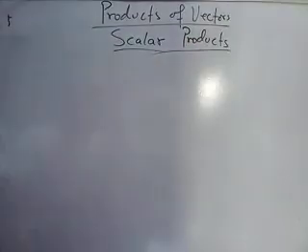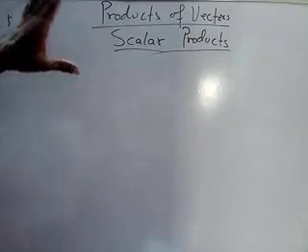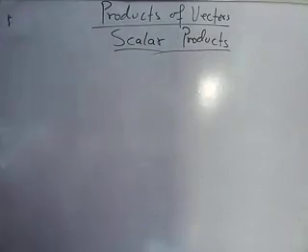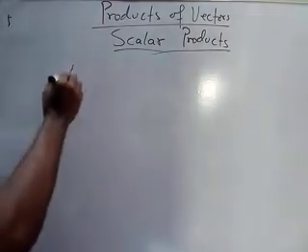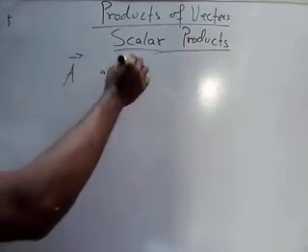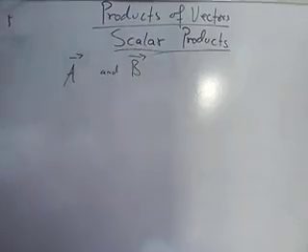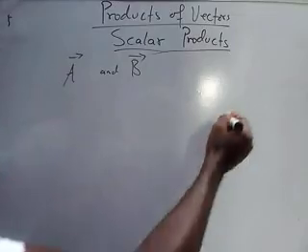Scalar products of vectors. What are we looking at here? The scalar product of two vectors. Let's assume we have two vectors here, vector A and vector B. They can be in any direction, in any form.